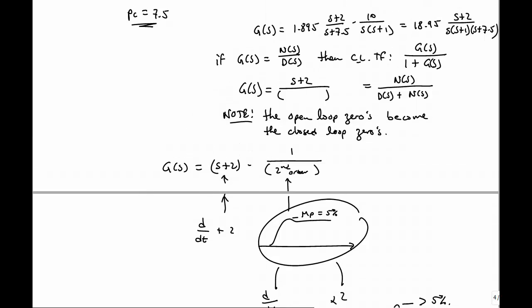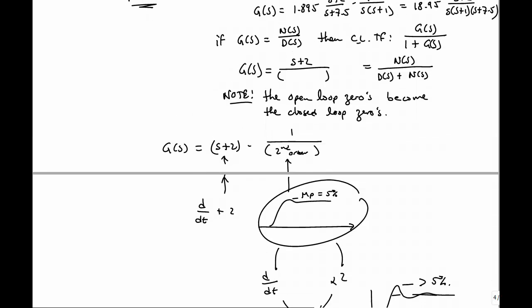Okay, so things aren't quite as clean when we have finite zeros in our closed loop transfer function or in our open loop transfer function. And what you end up having to do is you have to design for the overshoot to be smaller than you would desire or need in order to try to actually achieve the overshoot that you're really looking for.